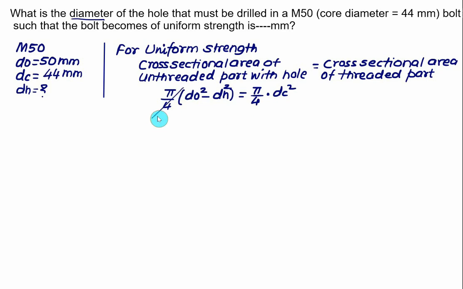Pi by 4 and pi by 4 cancel out. We have Do square as 50 square minus hole diameter square, equal to core diameter 44 square. The hole diameter required for uniform strength will be equal to 23.75 mm.